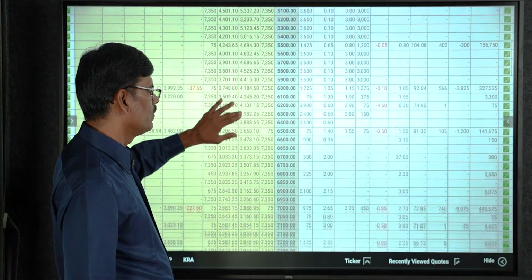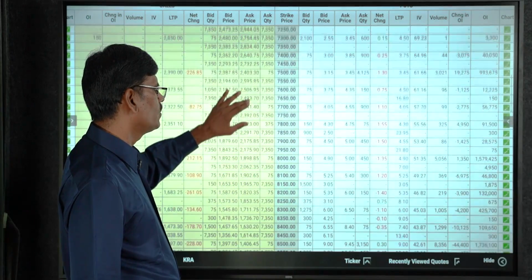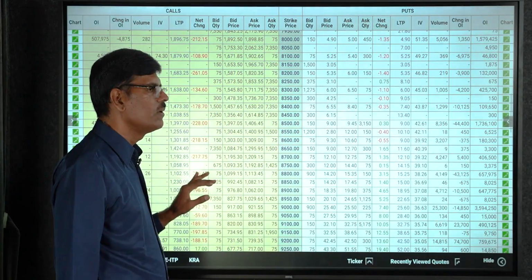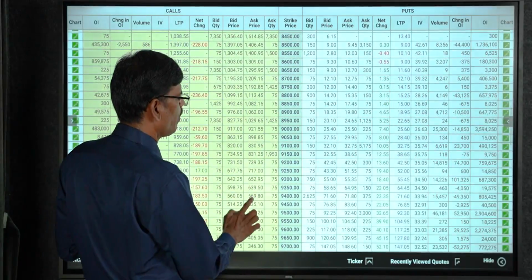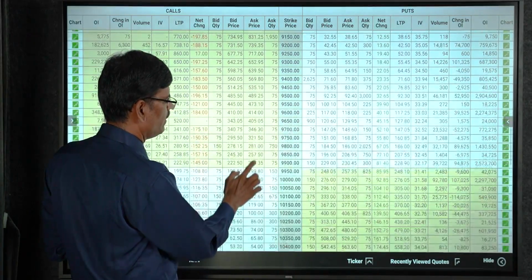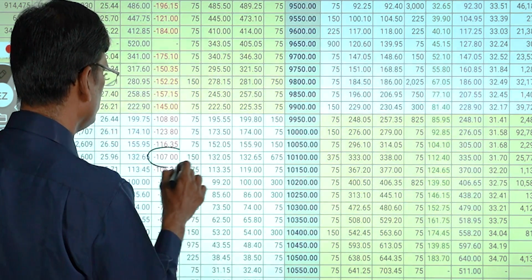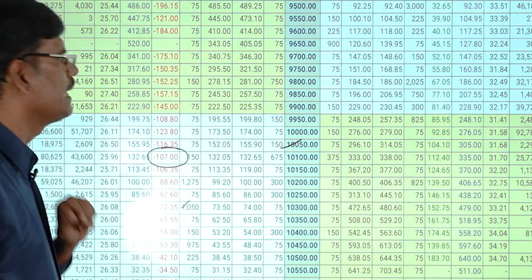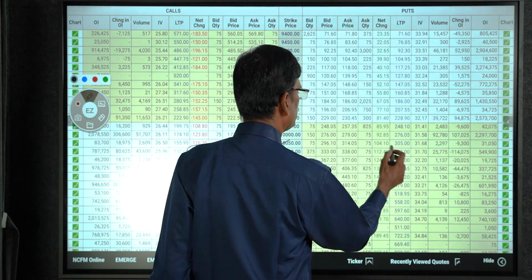Yesterday, the market was around 10,100. So if you wanted to go long, what you should have done? You should have bought the 10,100 call option and sold the 10,100 put option. And look here, what has happened to the 10,100 call option: there is a loss of 107 rupees, and on the 10,100 put option, there is a loss of 112 rupees.